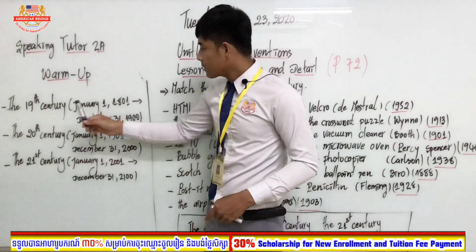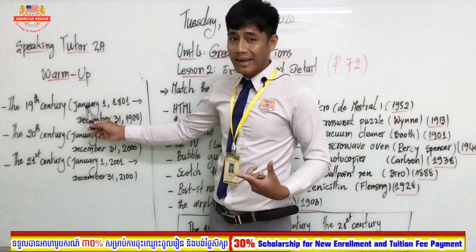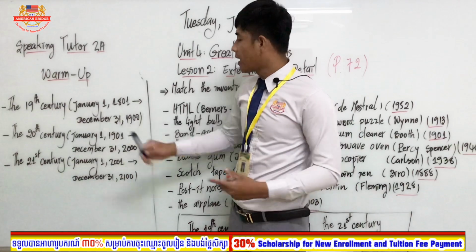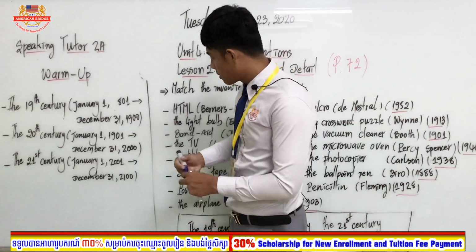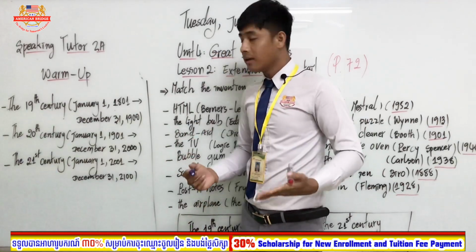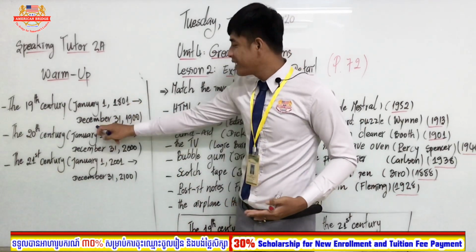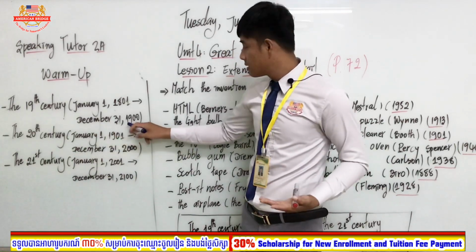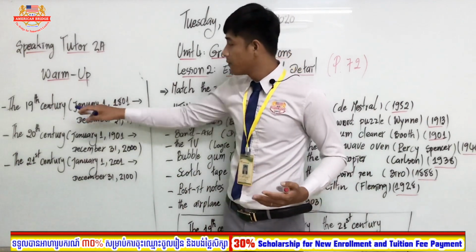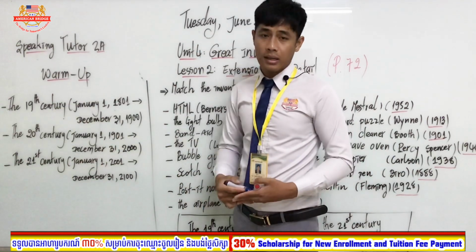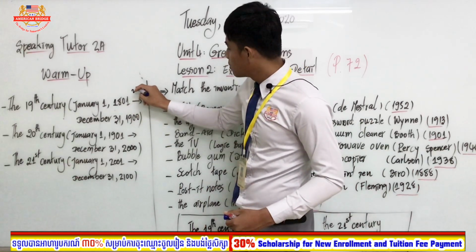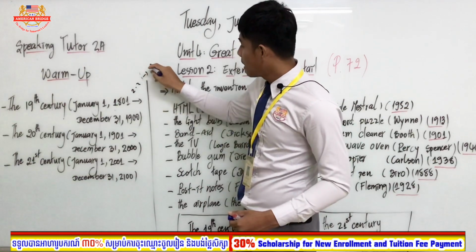The 19th century begins from January 1st, 1801 to December 31st, 1900. So these are the years in the 19th century. 1, 2, 3, 4, 5 until 10, right?